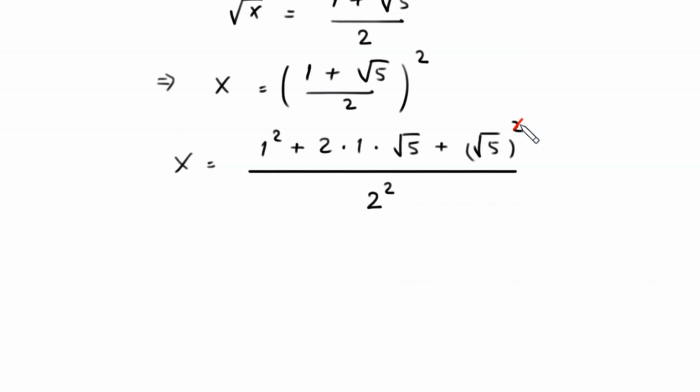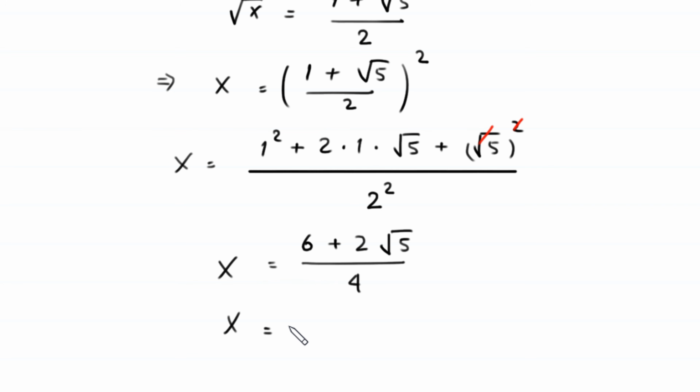This square will cancel with this square root. This 1 squared is 1. 1 plus 5 will become 6, plus 2 root 5, divided by 2 squared, which is 4, and this is equal to x.